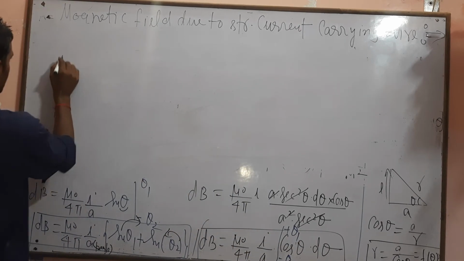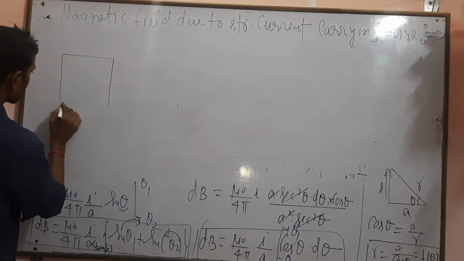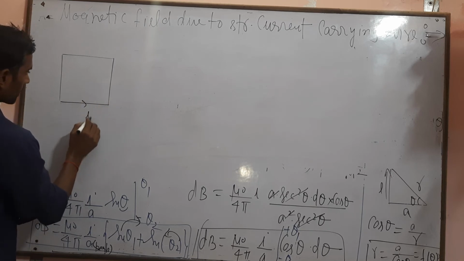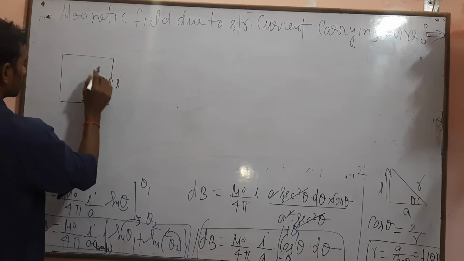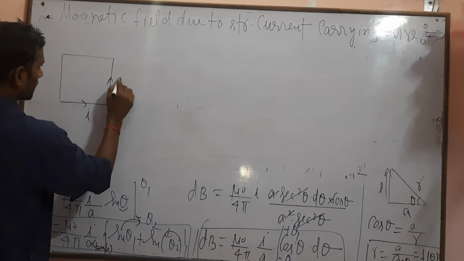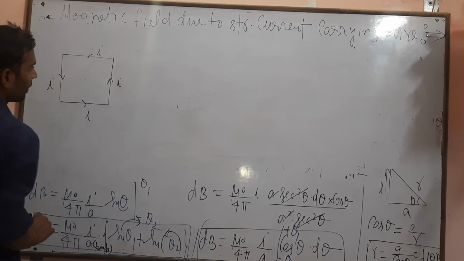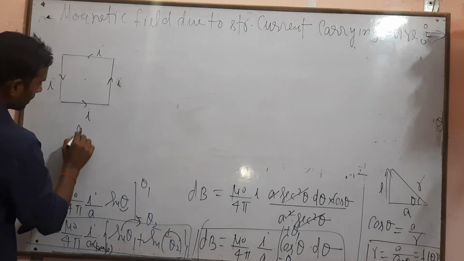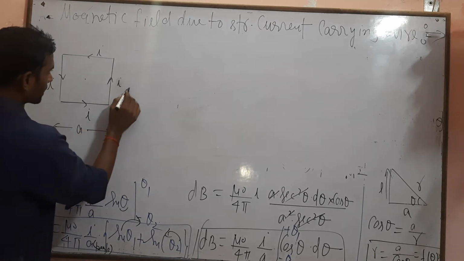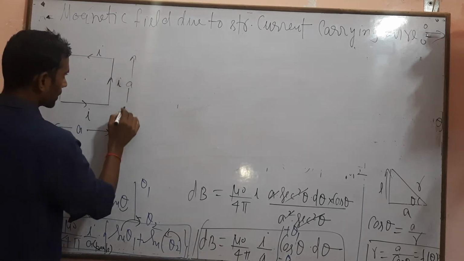Let us suppose this is the square. Let us suppose the current I is flowing in this situation. We have to find the magnetic field at the point of intersection of the diagonals of a square.